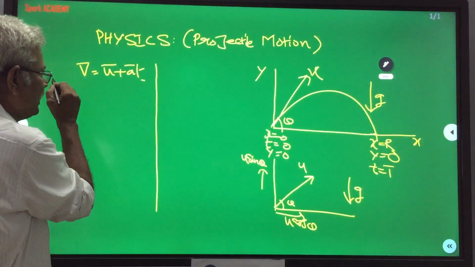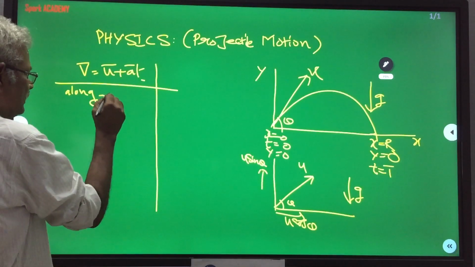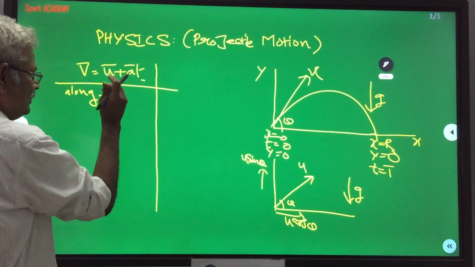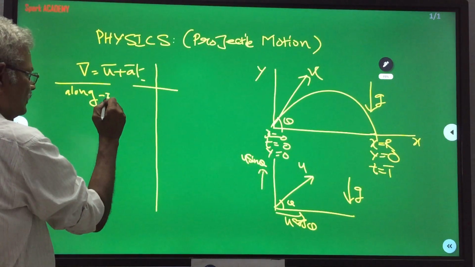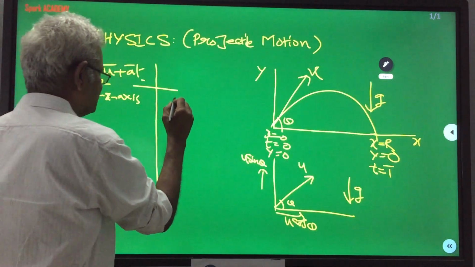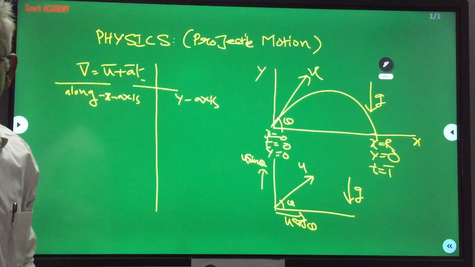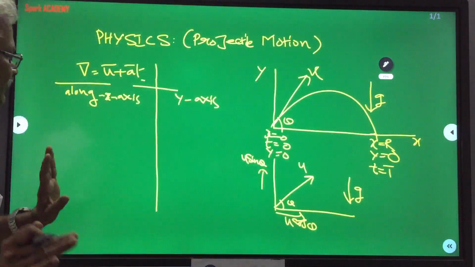See here, this formula will be first along the x-axis, I am writing, and along the y-axis. Clear? One is along the x-axis, the other is along the y-axis.